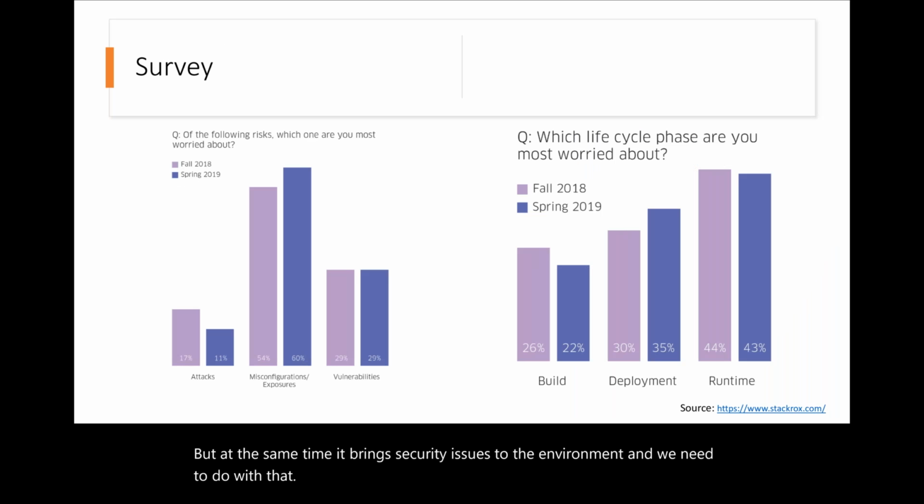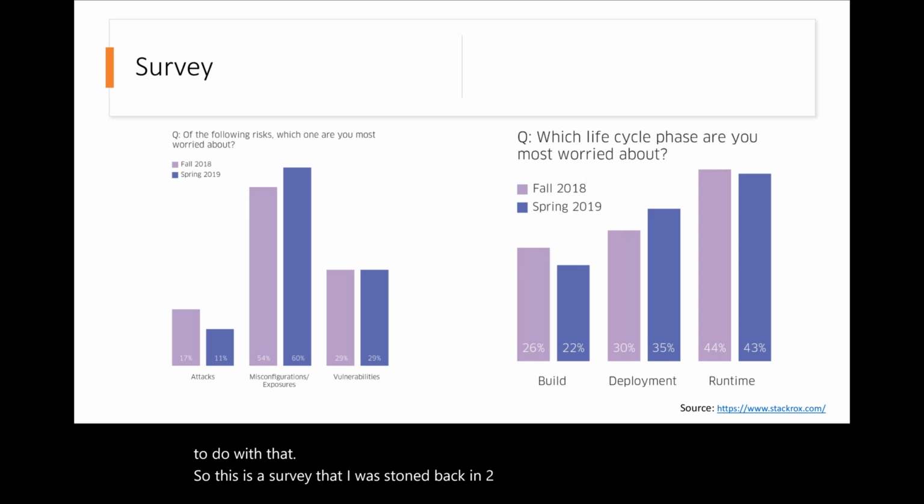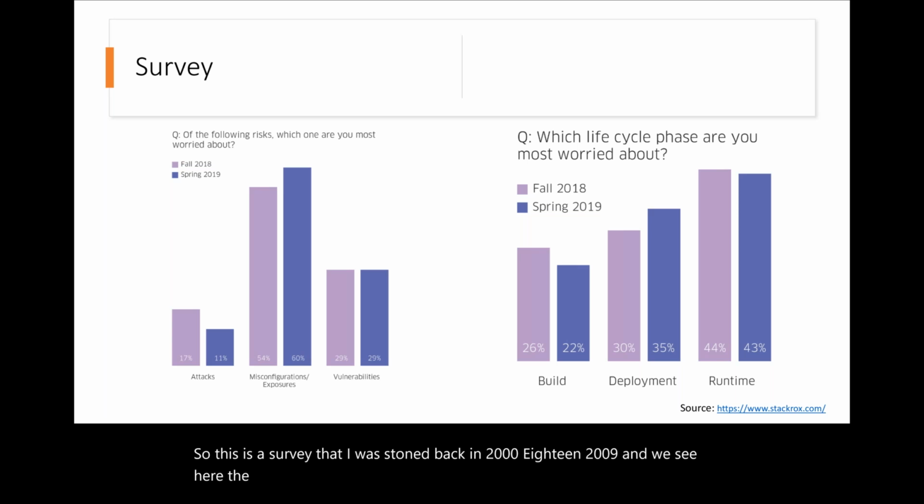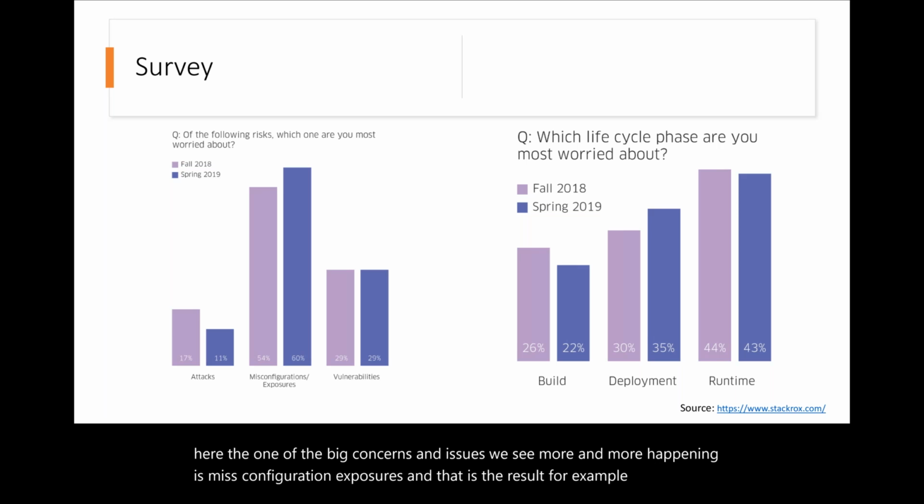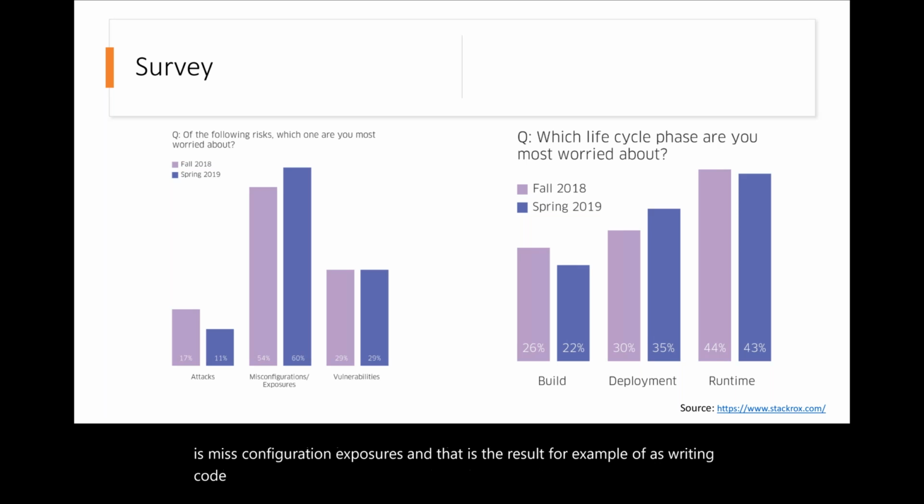So this is a survey that was done back in 2008 and 2009, and we see here that one of the big concerns and issues we see more and more is misconfigurations and exposures. That is a result, for example, of us writing code and not properly scanning the code, or exposing secrets in the code, or maybe not even having unit tests.